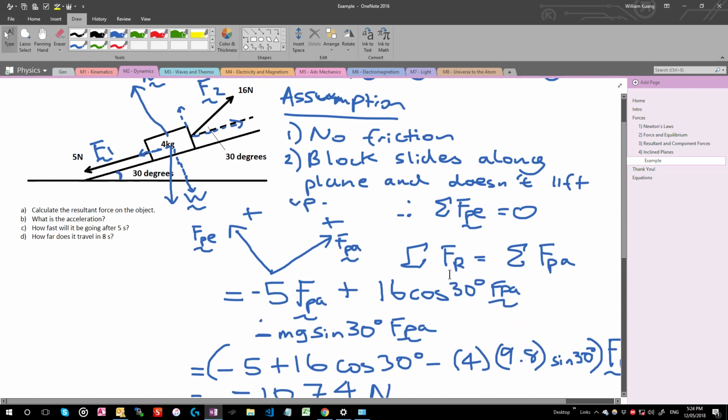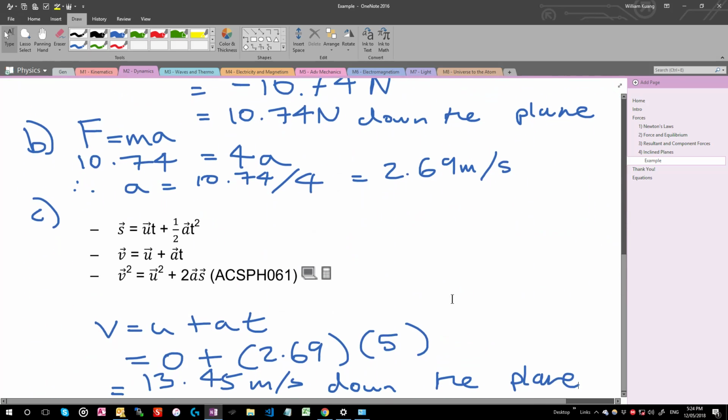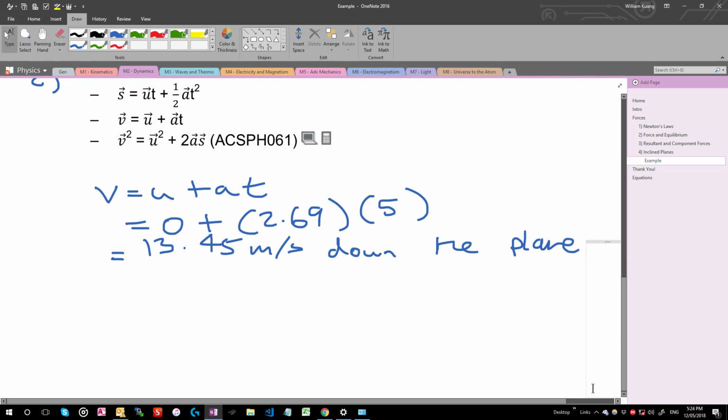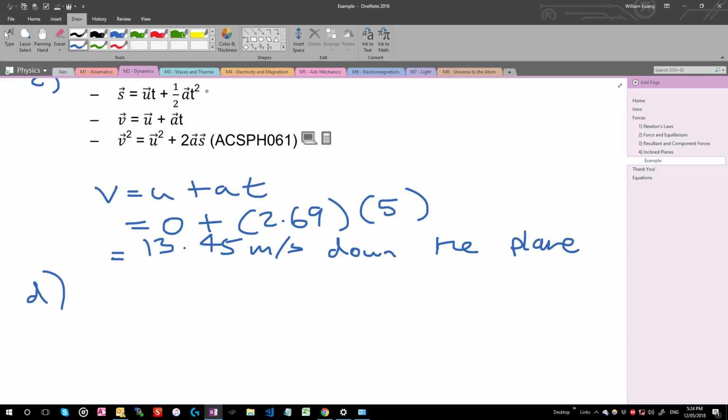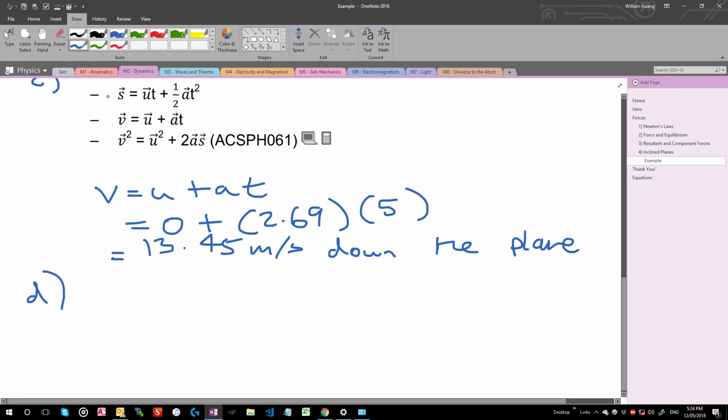All right, so how far does it travel in 8 seconds? How far is asking you about distance. To work out distance, you can use either this first equation here or this second equation here. Because we're being asked the distance after 8 seconds, and that's about time, I'm going to be using the first one. s equals ut plus half at squared.